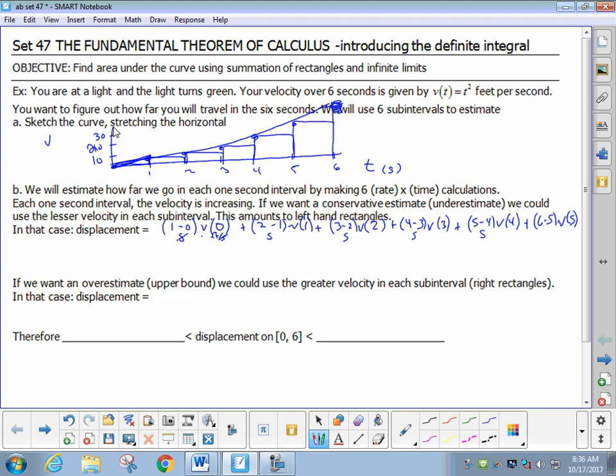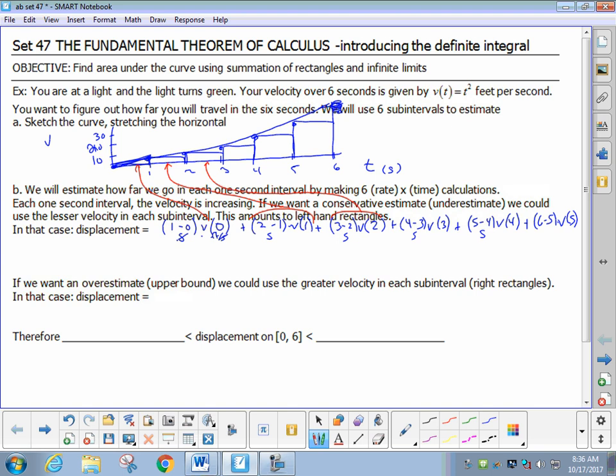This first calculation represents the base of 1 second times the velocity at 0 seconds. This calculation is a base of 1 second times the velocity at 1 second. So it's the connection between the visual, the area of those rectangles really represents a rate times time or a displacement over a time interval. Area equals displacement. Are you with me?